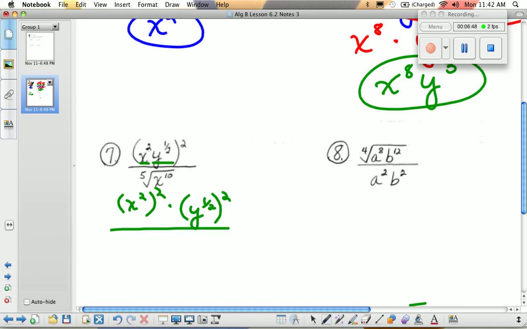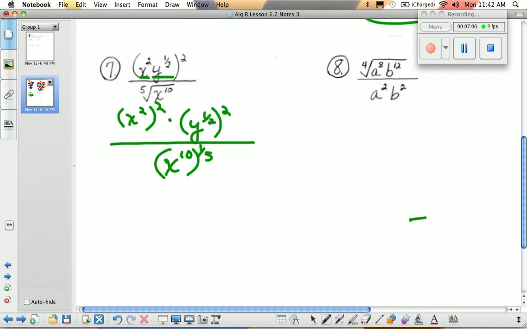And then downstairs, we're going to write x to the 10th. That's going to be raised to what power? To the 1/5 power. Okay? So again, we're not going to try and do our division also at the same time here. We're just going to worry about getting all our simplifying done first.